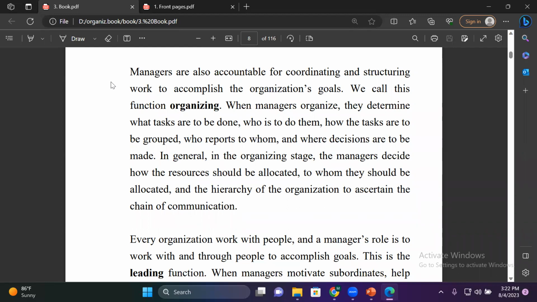In general, in the organizing stage, the managers decide how the resources should be allocated, to whom they should be allocated, and the hierarchy of the organization to ascertain the chain of communication. What does that mean?